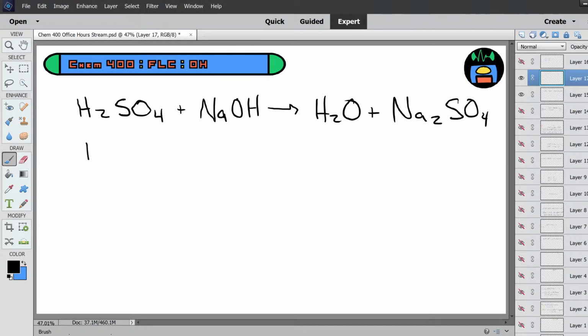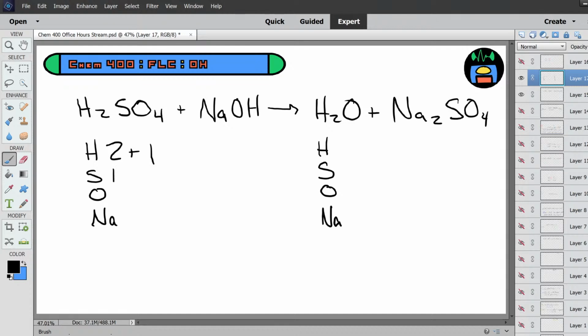And so let's go ahead and take a look. We have hydrogen, sulfur, oxygen, and sodium on both sides of this equation. So on the reactant side we have 2 hydrogen atoms from sulfuric acid plus 1 from sodium hydroxide.